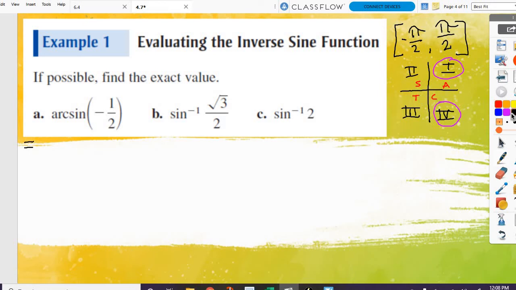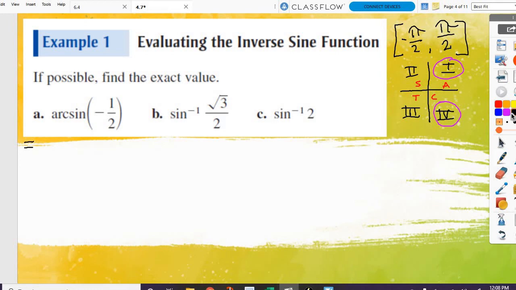So we know that sine is negative in our third and fourth quadrant, yes? So we're looking for angles that have reference angles of pi over 6. What angle in our third quadrant has a reference angle of pi over 6? Remember, it's 1 bigger than our denominator in our third.